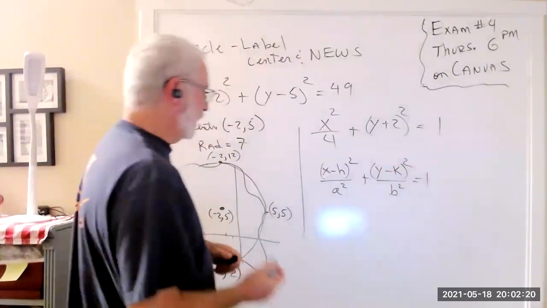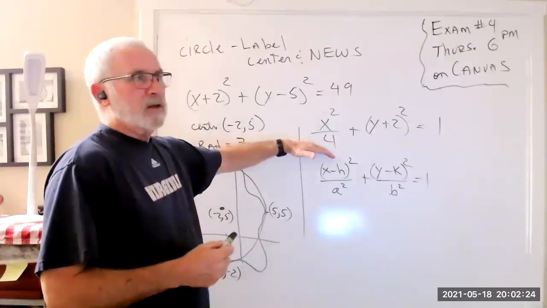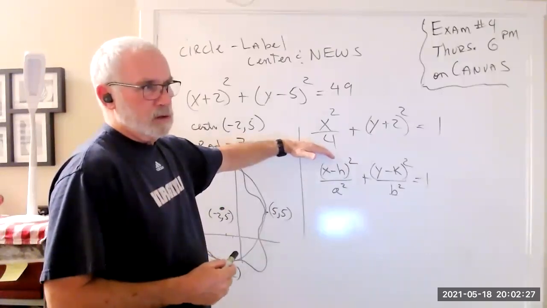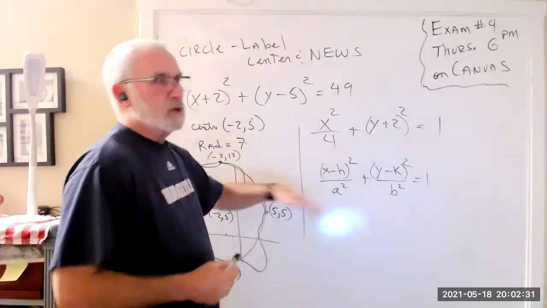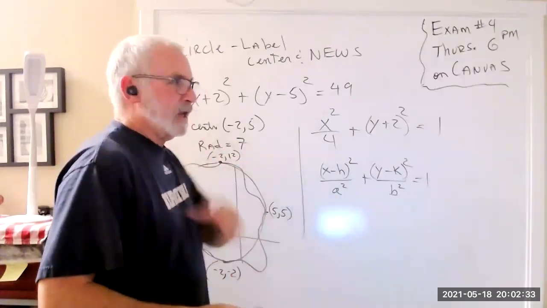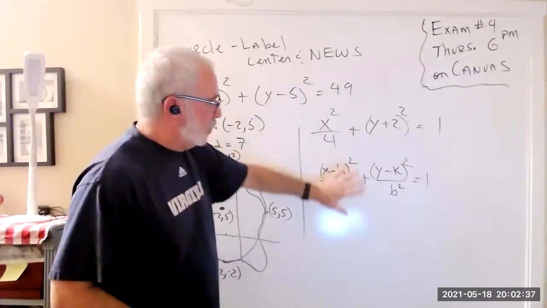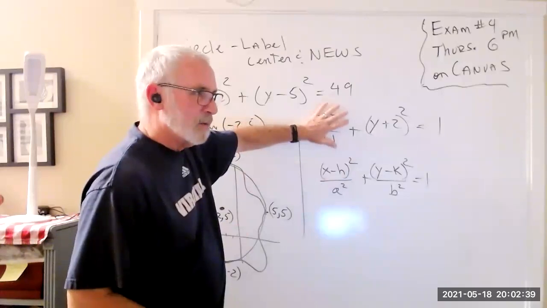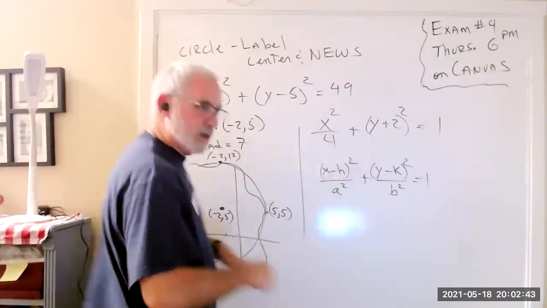So this is an ellipse, but it's in a wacko form. It should be like this, but it's not. So what math can I throw at it to make this problem fit this form?